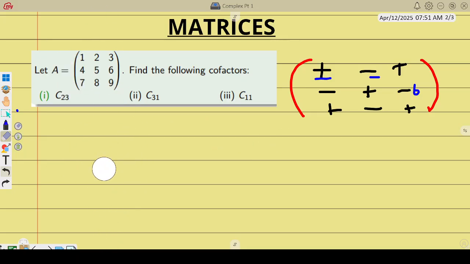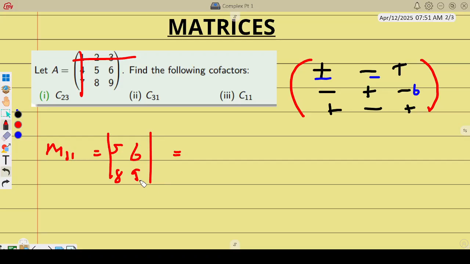Let's push. Don't give up yet. We go to the last one. Almost done. The cofactor for C11. We first need the minor for 1, 1. So for 1, 1 we remain with 5, 6, 8, 9.